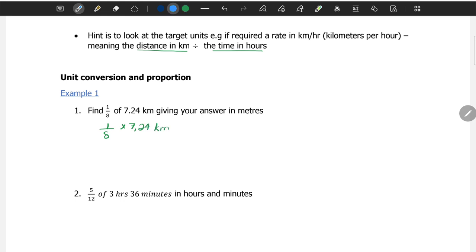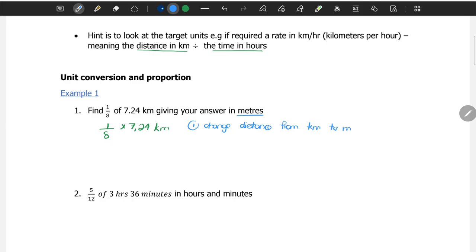But the question asks us to give the answer in meters. So I would say the first thing that you have to do is change distance from kilometers to meters.